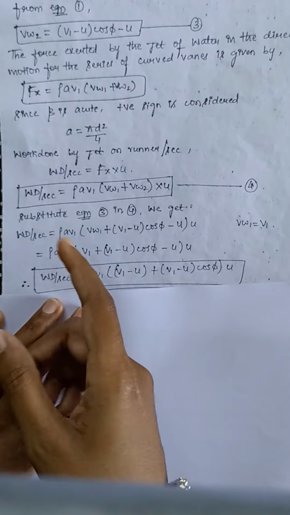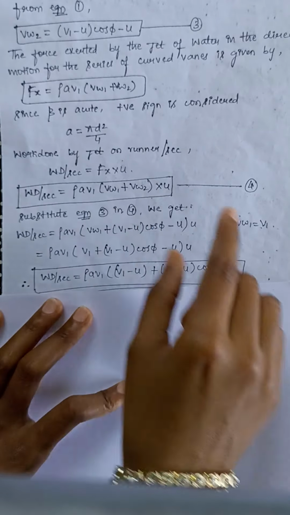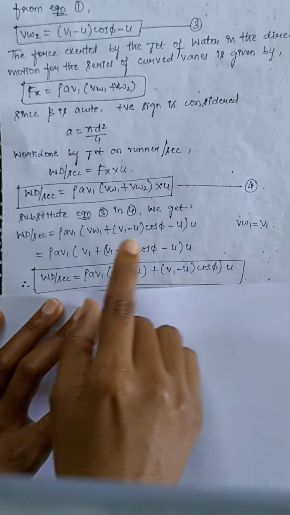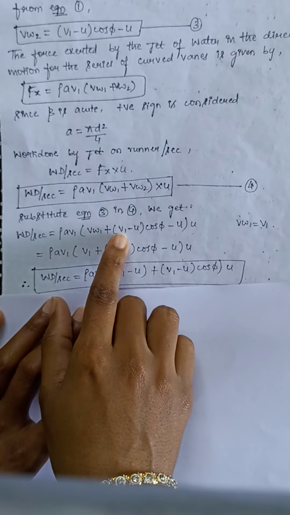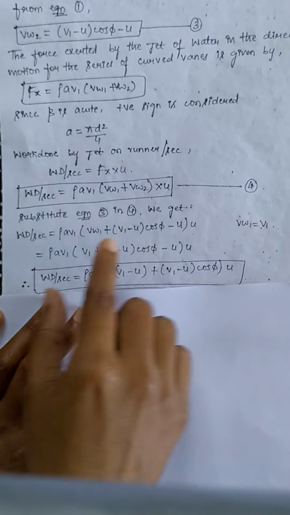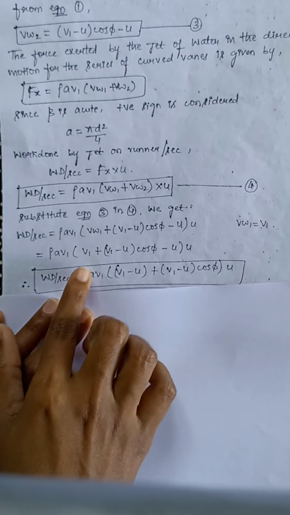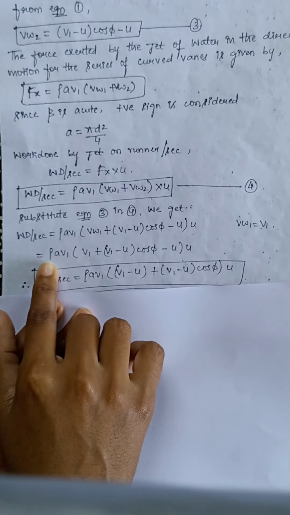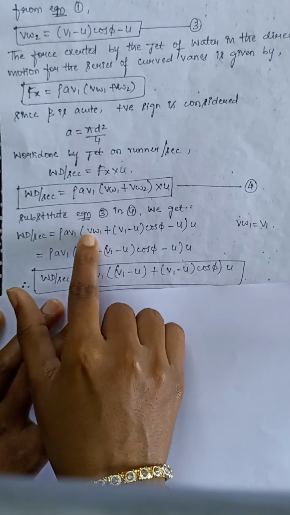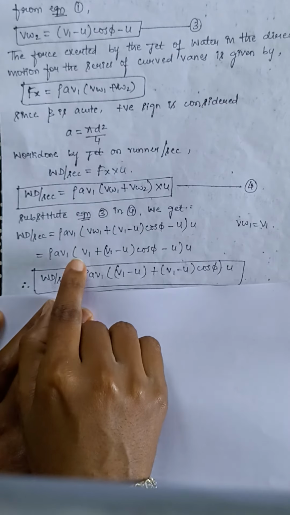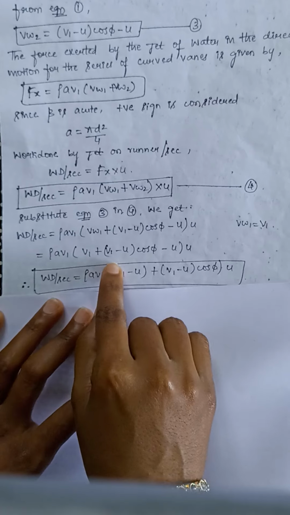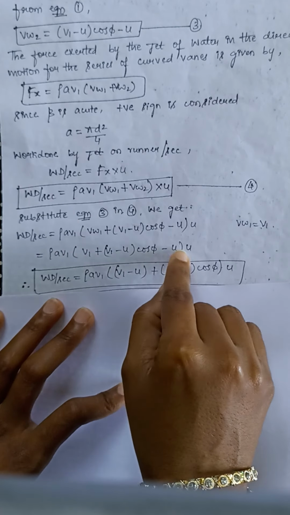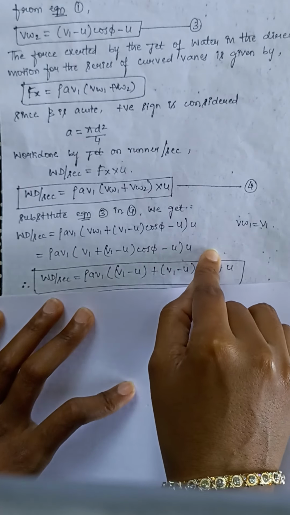Now, we know that we have already kept Vw1 in terms of V1, so no need of converting this V1, but we know that Vw1 is V1. Let us keep this Vw1 as V1 in the next step. Now, the next step will be written as rho A V1 into, replacing this Vw1 with V1, we get V1 plus (V1 minus u) of cos phi minus u, whole multiplied by u.